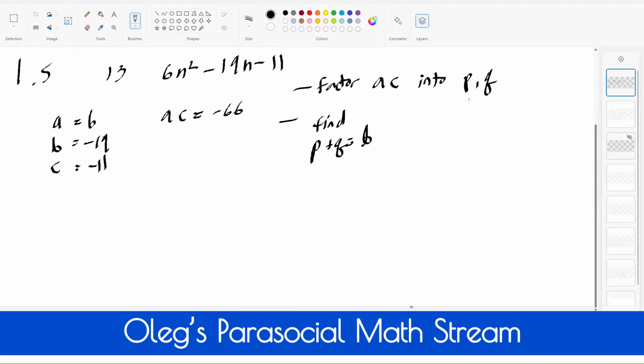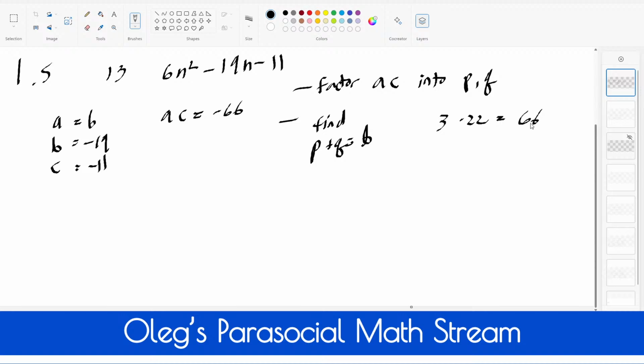Well, 1 times 66 won't work. 2 times 33 won't work. 3 times 11, no. Wait a minute. Yeah, it's 3 times 22. 3 times 22 is equal to 66.